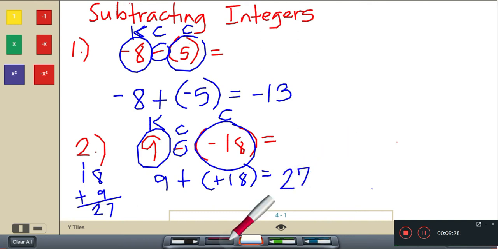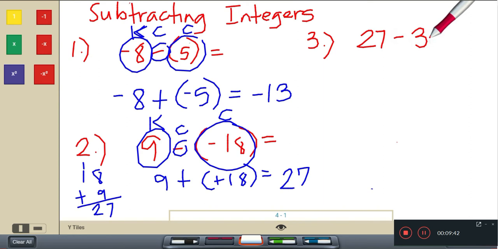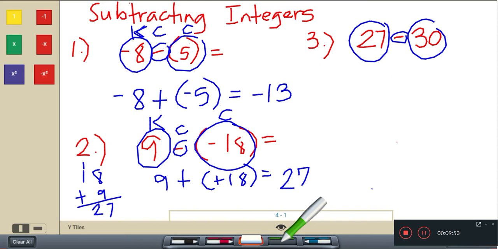Here we have number 3: 27 minus 30. That's a trick, right? So what we're going to do is 27 plus negative 30.